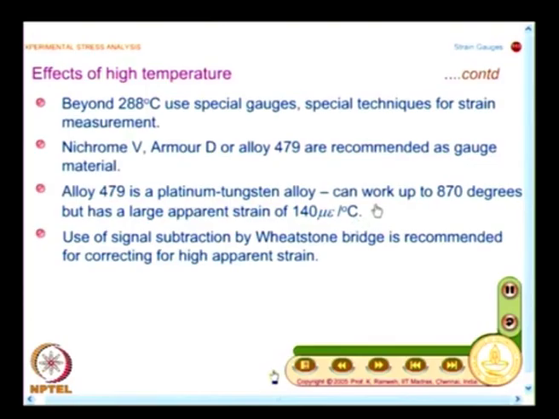So, it is always prudent to measure the temperature at which you are working, and in such high temperature applications, use of signal subtraction by Wheatstone bridge is recommended. This works. See, in the case of nuclear installation, what we found was the nuclear exposure modifies the resistivity. That cannot be cancelled by putting two strain gauges in adjacent arms and cancelling the effects.